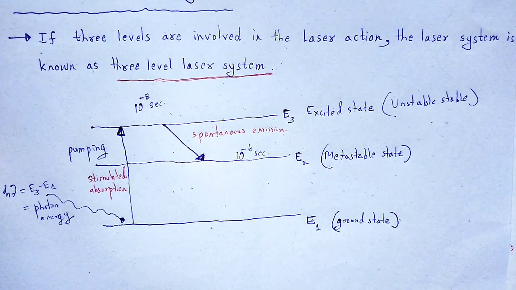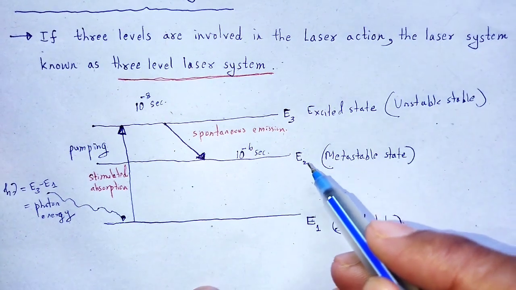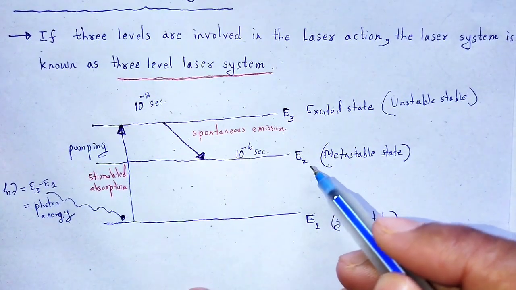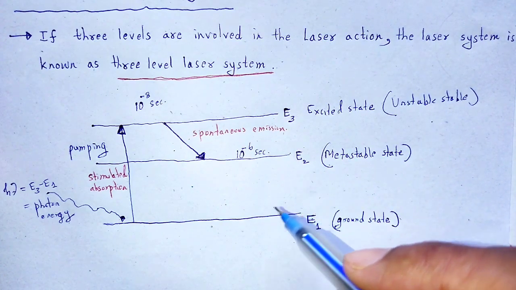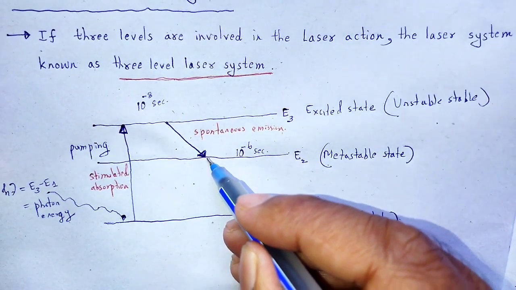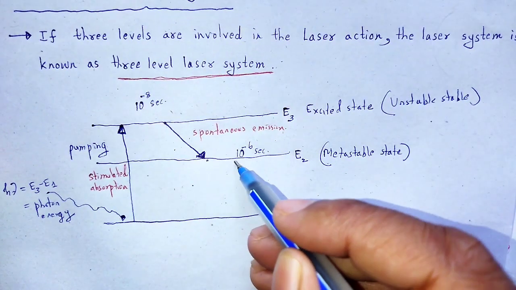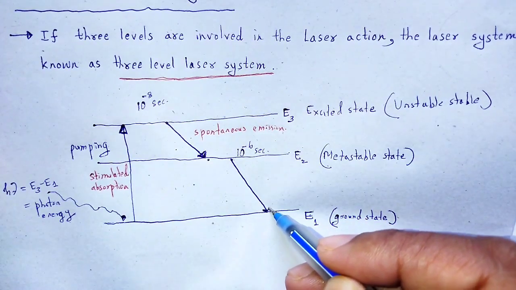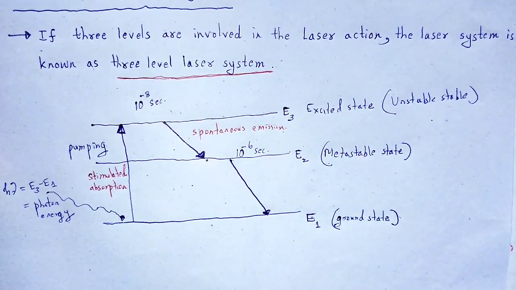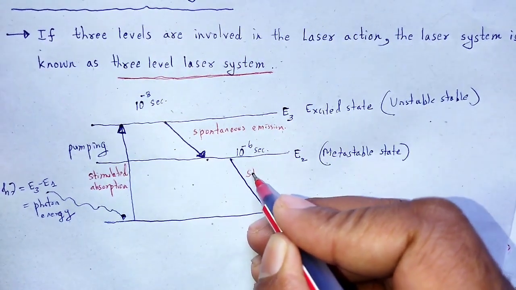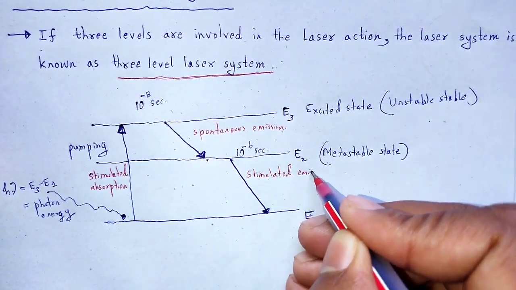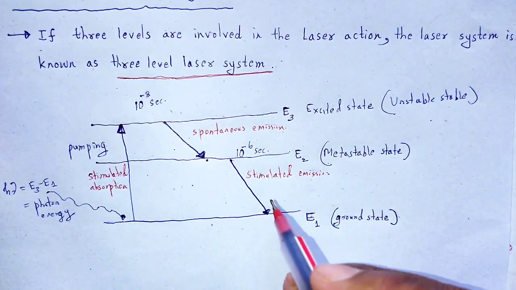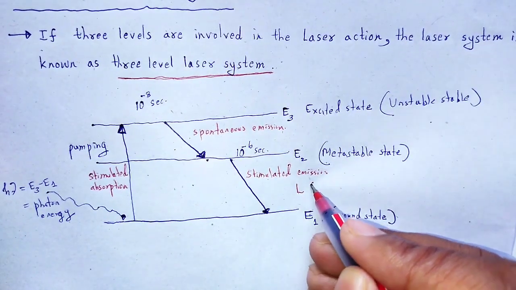Now the atoms go from energy level E2 to energy level E1 due to the process of stimulated emission, and it results in laser.